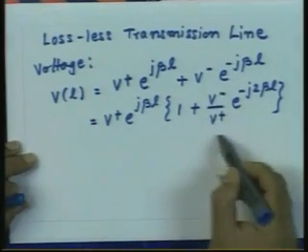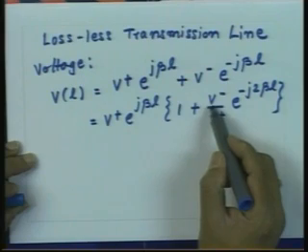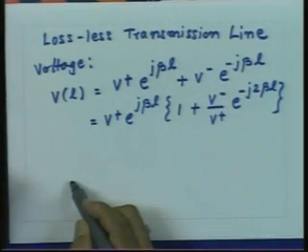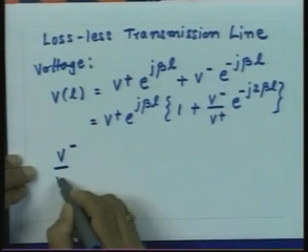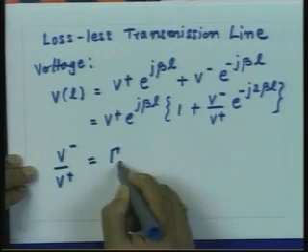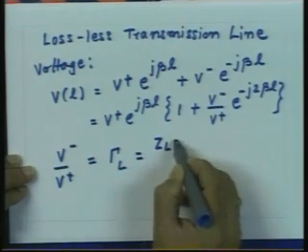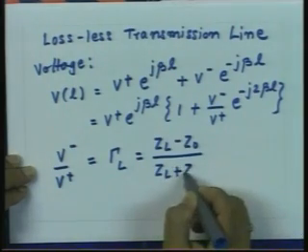And this quantity, as we already know, is nothing but the reflection coefficient at the load end. So, this quantity we denote by the reflection coefficient at the load end gamma L. So, V minus upon V plus, as we have seen earlier, is nothing but equal to gamma L, which is equal to ZL minus Z0 divided by ZL plus Z0.